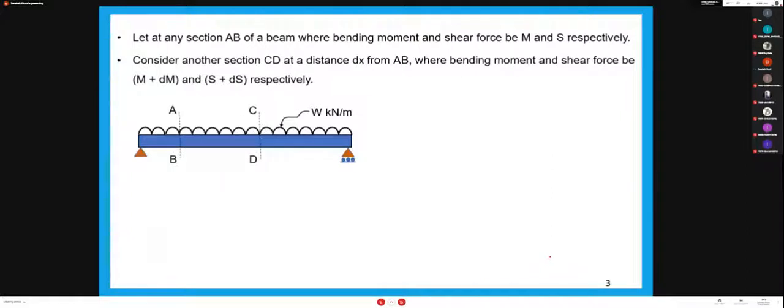So let's consider any section of a beam AB. This one, this is section AB. The bending moment and shear force there are M and S respectively.